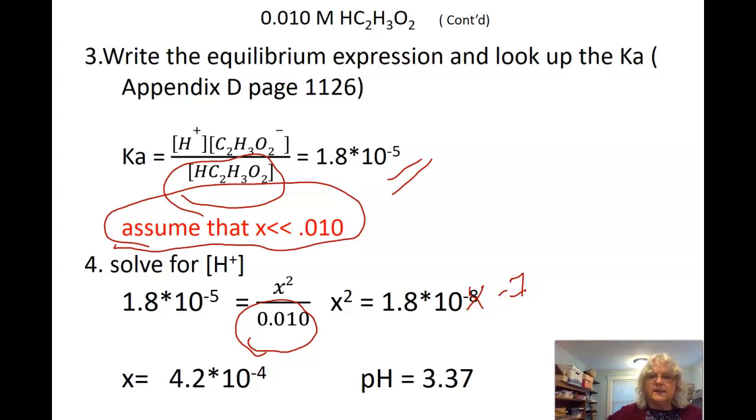Sorry, that's a 7. And then I take the square root, so I get 4.2 times 10 to the minus 4th. That is my hydrogen ion concentration, the way I labeled it in my table. And then I take minus the log of that to get the pH. So I get a pH of 3.37. Notice 2 decimal places because there's 2 sig figs in this number.